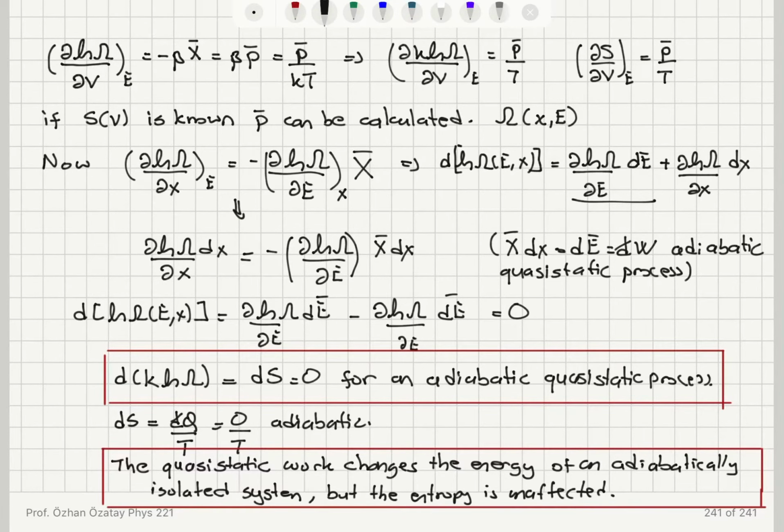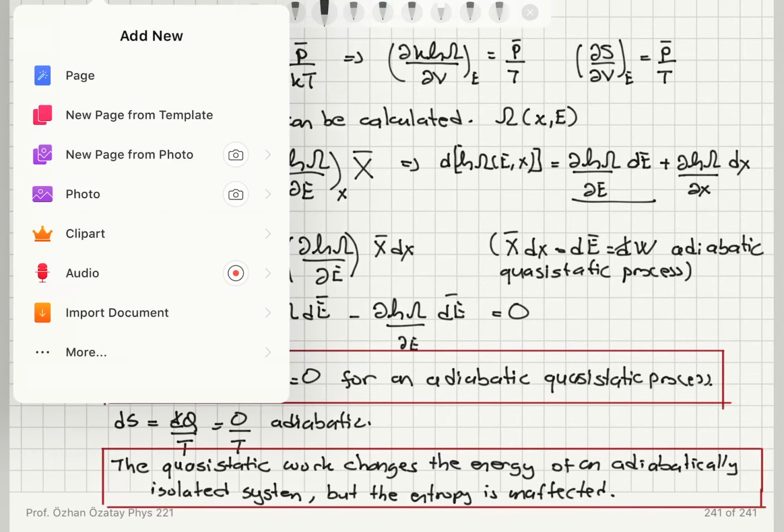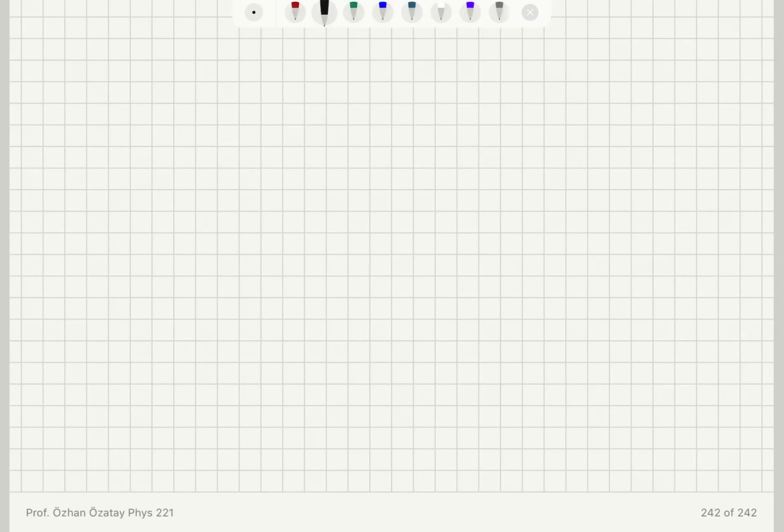So let's summarize what we have found out here. From our discussion on thermal interaction, we had the following: beta, which is the derivative of natural logarithm of the number of accessible states with respect to energy, evaluated at equilibrium, so at E equal to E bar.